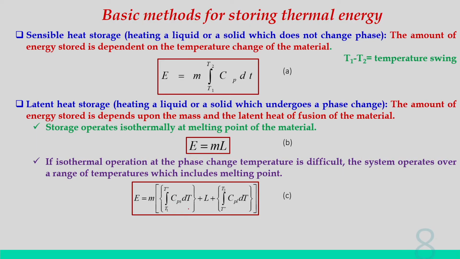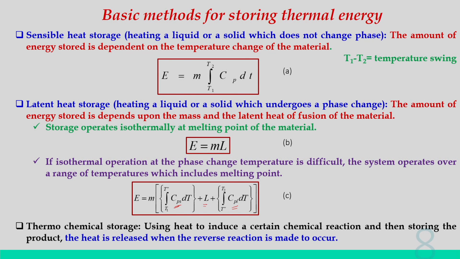Maybe if we consider from say minus 15 to 0 and 0 to again say 60 degrees, right. So, at 0, the phase change from solid to liquid takes place. So, this L will come into play and then we will again have a change of temperature from 0 to say 60, and this is for the specific heat of the solid and the specific heat of the liquid. Okay.